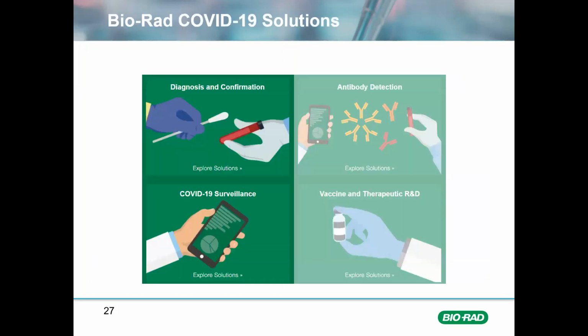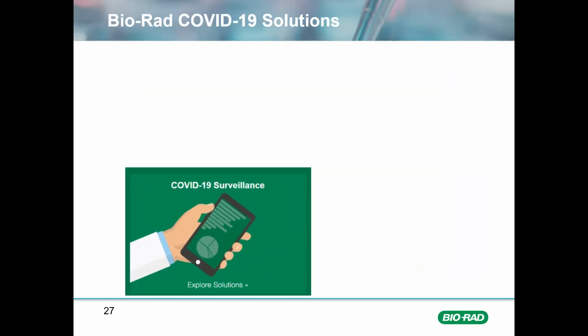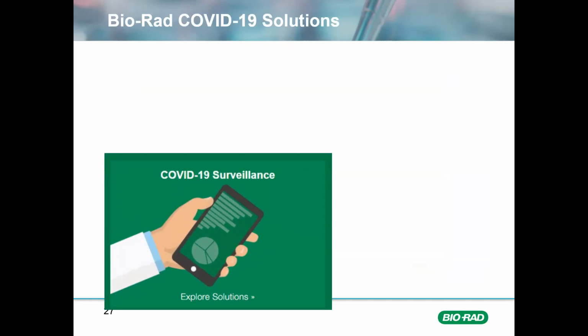Okay, so we've talked about Bio-Rad's approach, our Bio-Rad solutions for diagnostic and confirmational testing. In the latter half of this presentation, what I want to go over is COVID-19 surveillance, particularly focusing on wastewater analysis.